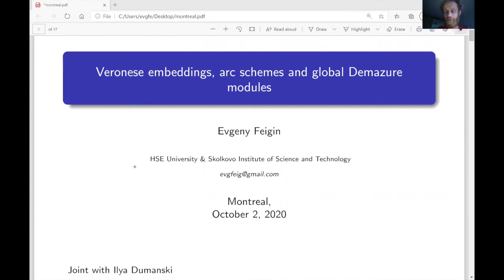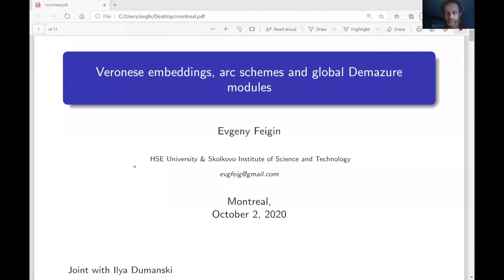The title of my talk is Veronese embeddings, arc schemes, and global Demazure modules. And I'll try to give all the notions and introduce the objects, the main players.